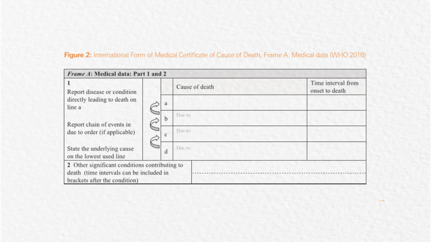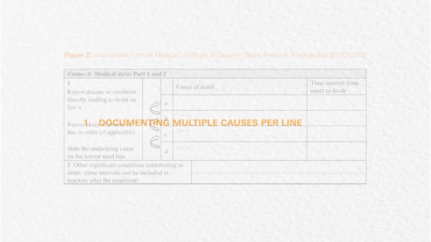In frame A, when entering the medical data, firstly you have to state the underlying cause on the lowest used line, then report the chain of events in due order, and lastly report the disease or condition directly leading to death on line A. There are 8 errors a doctor has to avoid as per the WHO ICD guidelines.